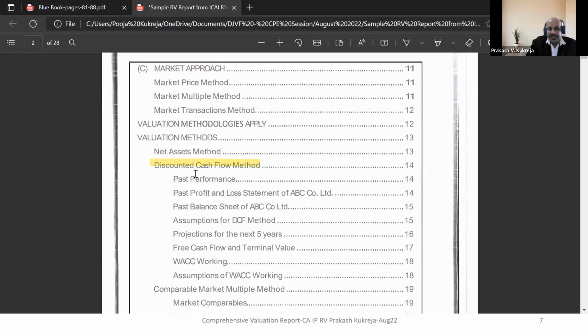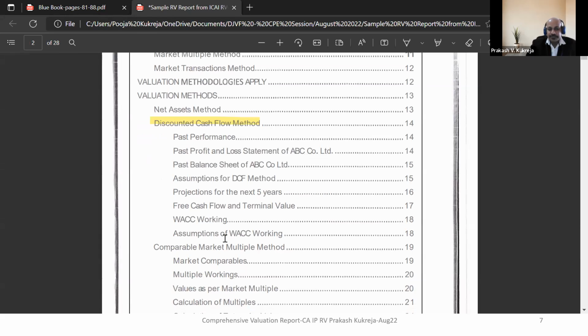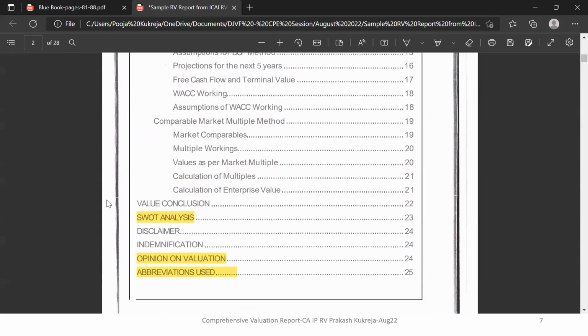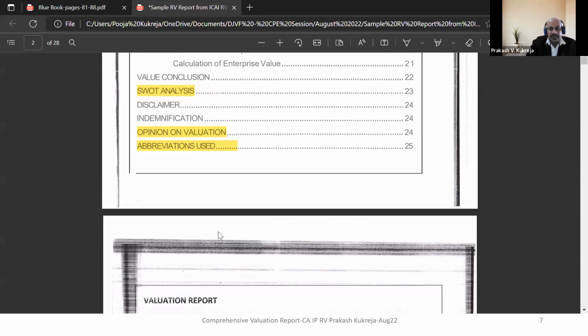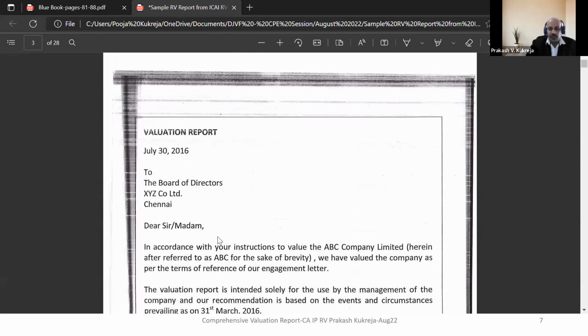And if they have considered the DCF method, then how they have arrived at maybe the weighted average cost of capital, how they have considered the different forecasting numbers based on the approach, then conclusion, SWOT analysis, opinion. So it's a very good report as a reference. Again, I don't say this is a benchmark, but yes, this is a good report.